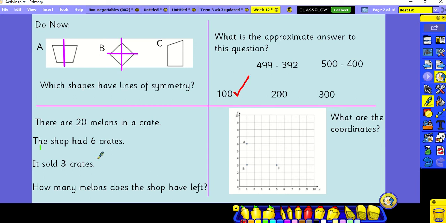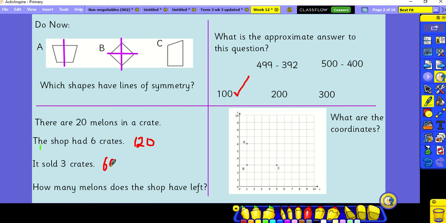There are 20 melons in the crate. The shop had 6 crates. It sold 3 crates. How many melons does the shop have left? I can do this 2 ways. I can either say 20 melons in a crate times 6 crates is 120 melons. Then 3 crates of 20 melons is 60 melons.